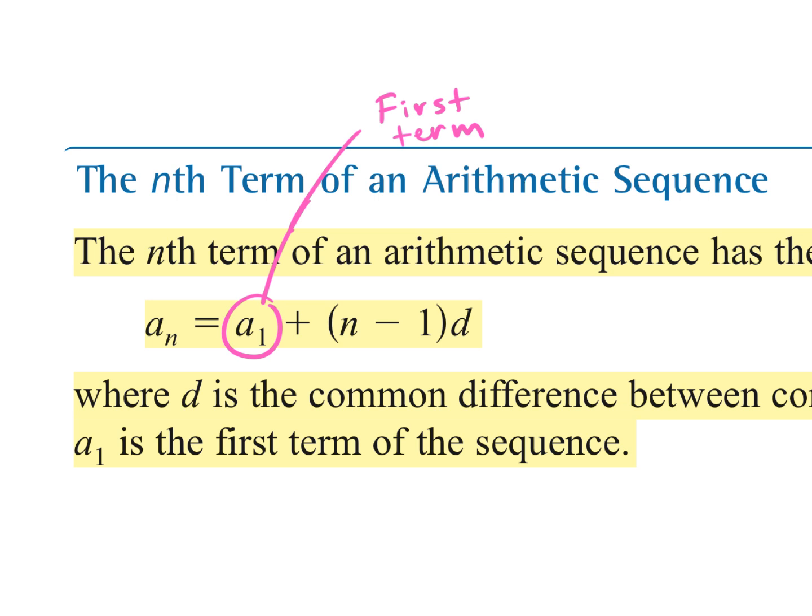Plus n minus 1, where n is going to be the number of the term, times d, where d is the common difference. That's what we're adding to get from one number to the next.